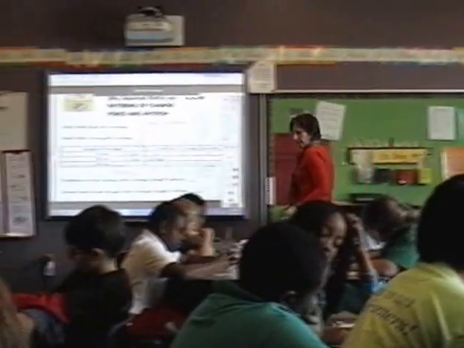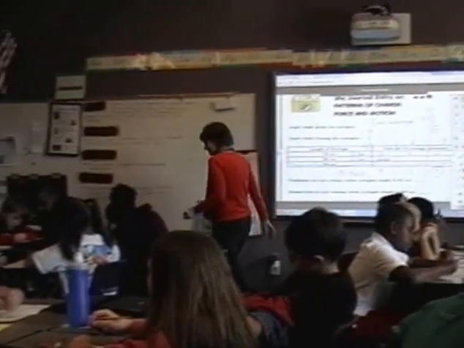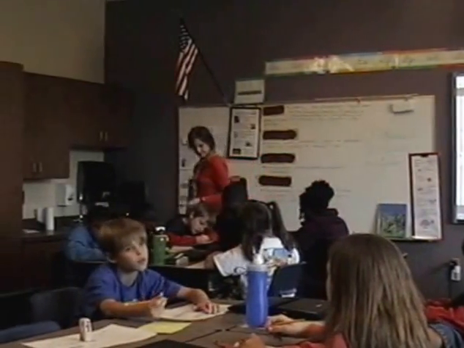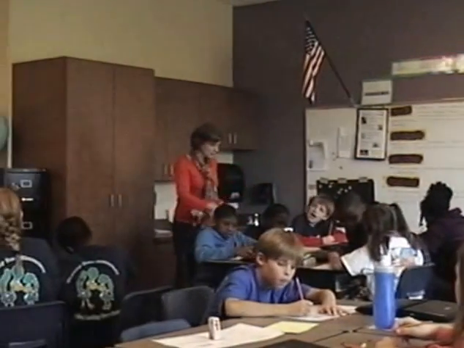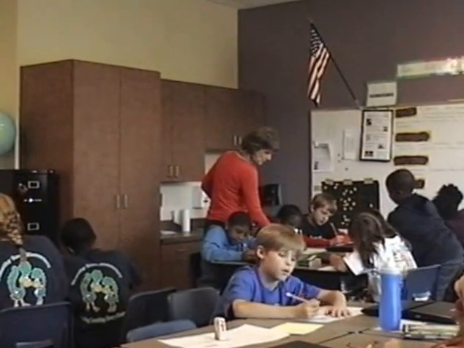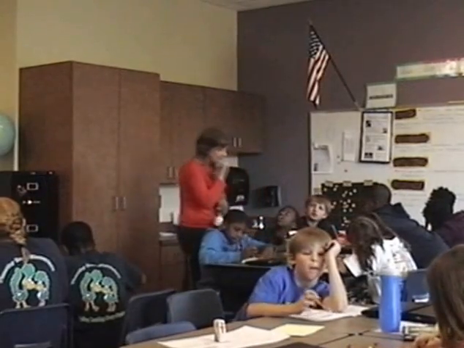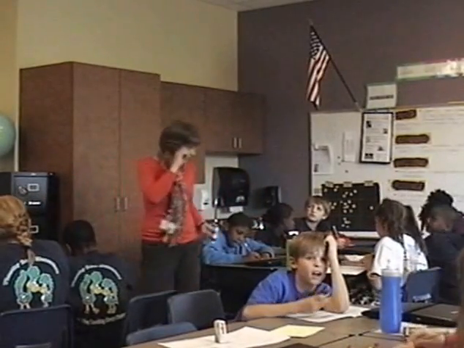So 7 plus 7 plus 7 is 21 divided by 3. Okay, so Sylvia, and then 10 plus 15 plus 35 divided by 3. You're on it.